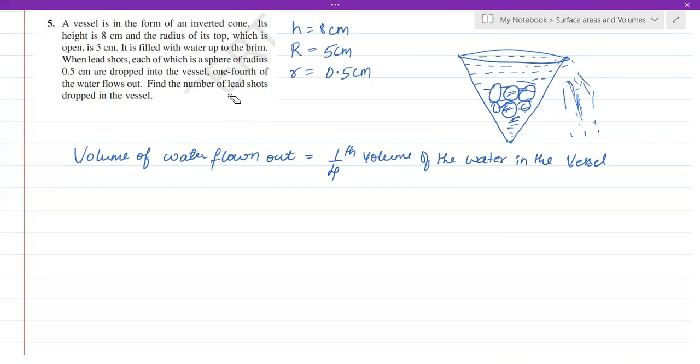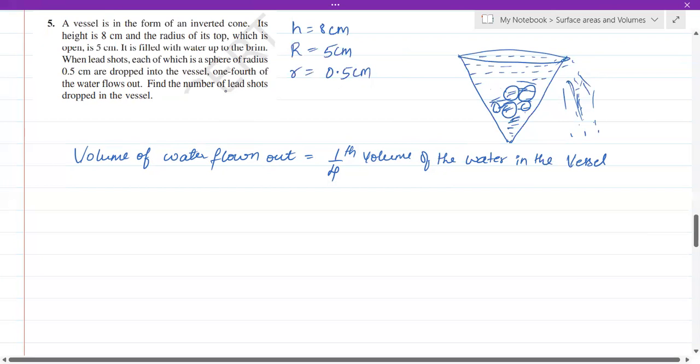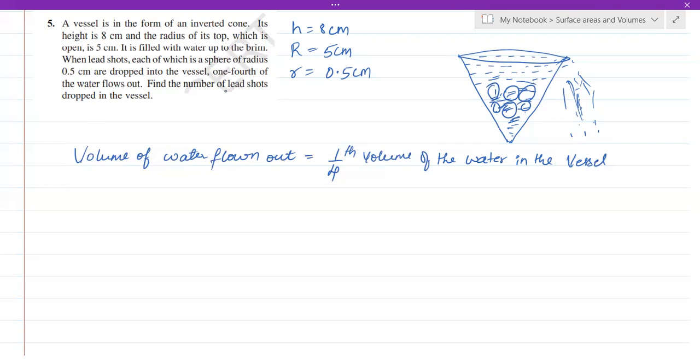Let's say this is lead ball number 1. If it was not there, what would have been there? Water, right? Now, instead of this water, we have got a ball here. So very clearly, the volume occupied by the lead balls is equal to the volume of the water that is gone. Whatever space the balls have occupied, that amount of water has gone out. Otherwise, the ball couldn't have fit in.